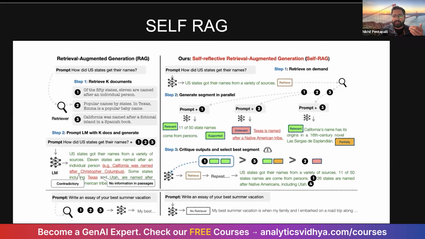These critique outputs for each retrieval give you a comprehensive score in the end. Based on that score, you sort the retrievals and understand the order, for example 1 is greater than 3 is greater than 2. It says the first retrieval is very useful in this case, so that is the one we go with. This is the self-RAG part. You can always read more about it, and it's interesting.